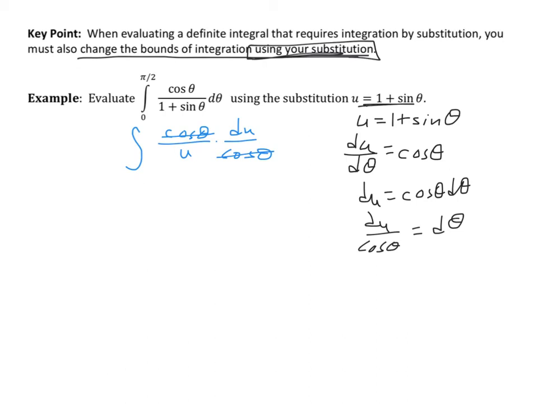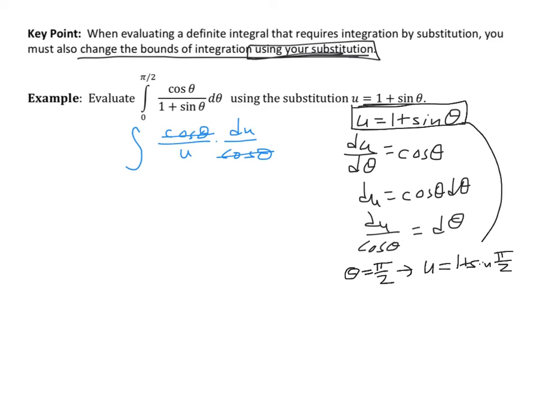So what I'm going to do at this point is, in my original integral, theta was supposed to be pi over 2. Well, let's find out what u is in that case. U would be 1 plus sine pi over 2. And you may be wondering where I got that from. I'm just using the substitution I did here.